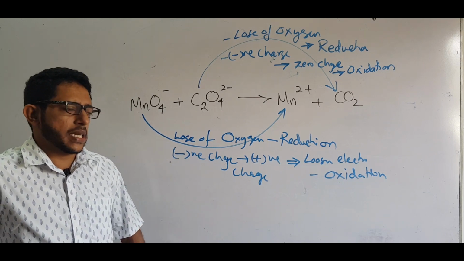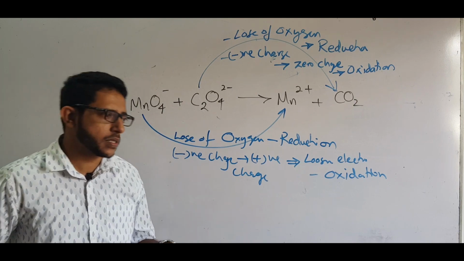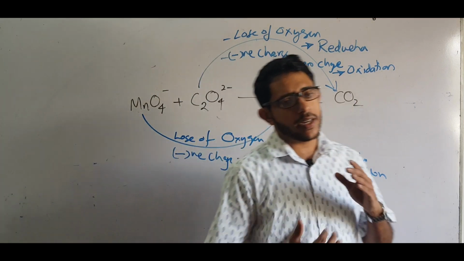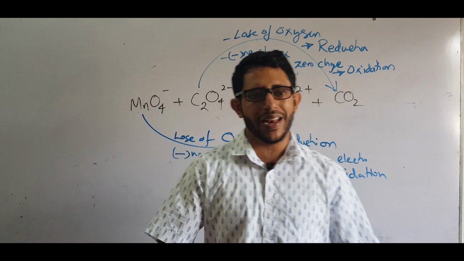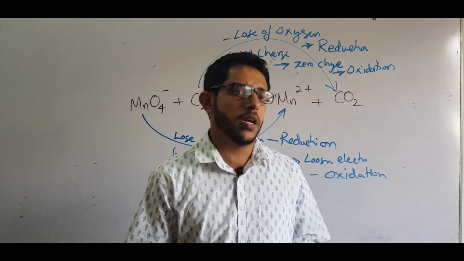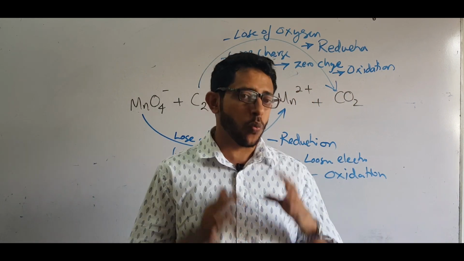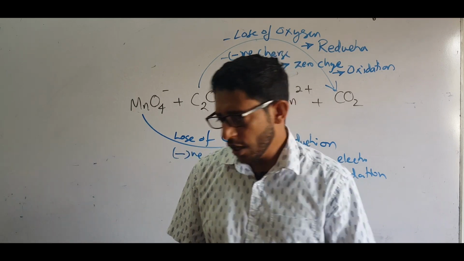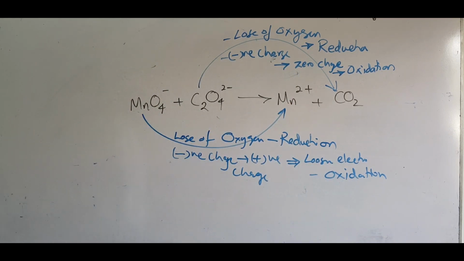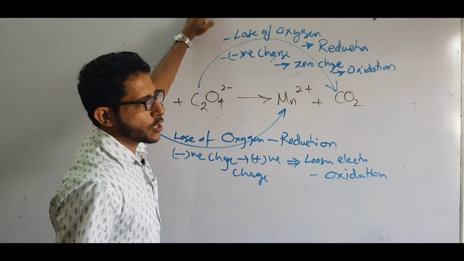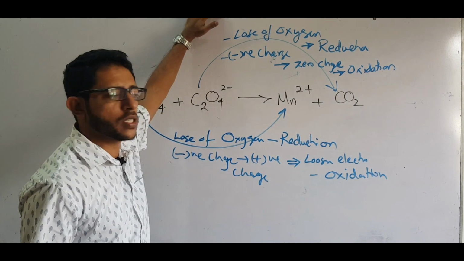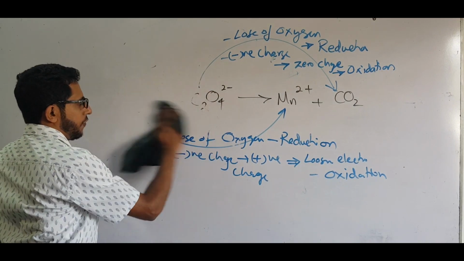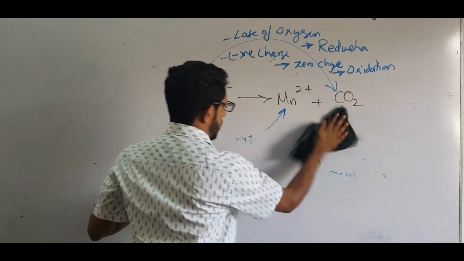So we use the concept of oxidation numbers. If the oxidation number increases in positive value, we say it's an oxidation. If the oxidation number decreases, we say it's a reduction. We'll see how we can find the oxidation number, because in order to explain these reactions, we can't use the normal old method of definition we have used.